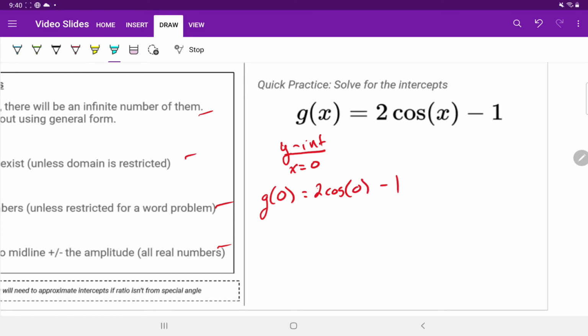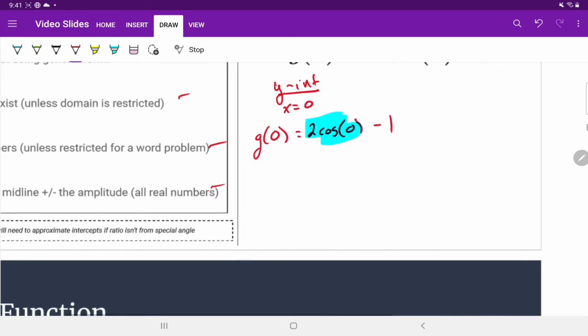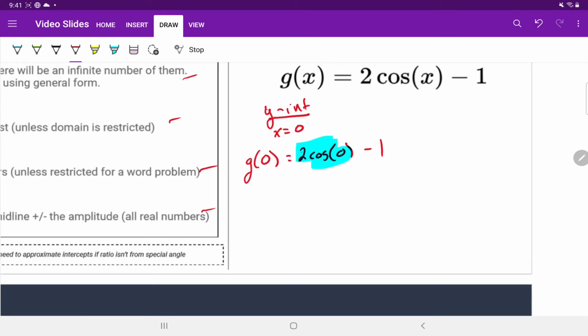And this is where it's important to reflect on the earlier trig stuff we did. You have to think about cosine of 0. Especially if you don't have a calculator, you're going to use either one of your special angles or your unit circle, that generic graph of your 0s, your 90s, your 270s, essentially all your multiples of 90. So 0 degrees is definitely a multiple of 90, or a multiple of pi over 2 if we're dealing in radians.